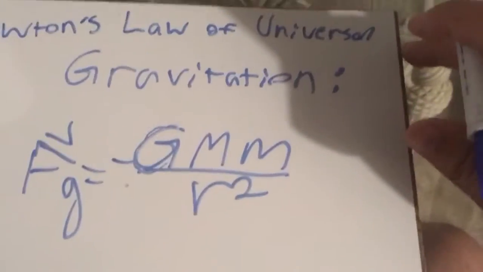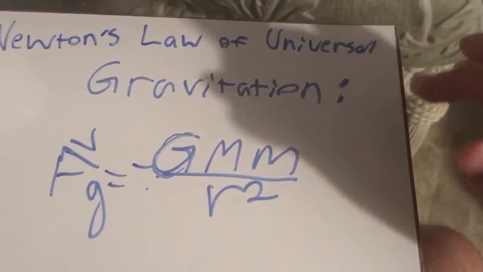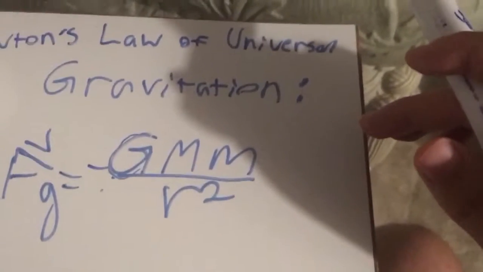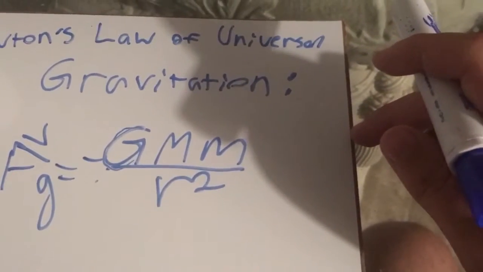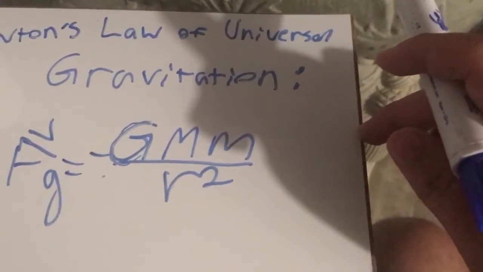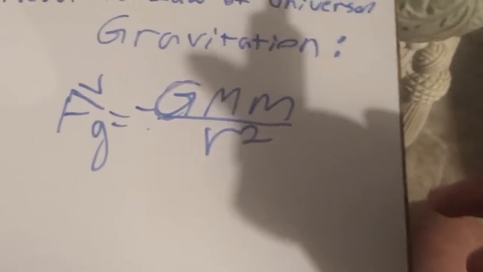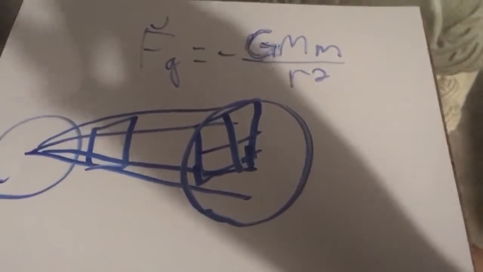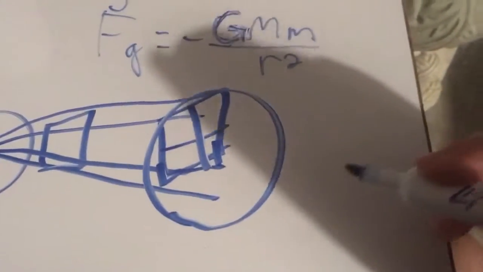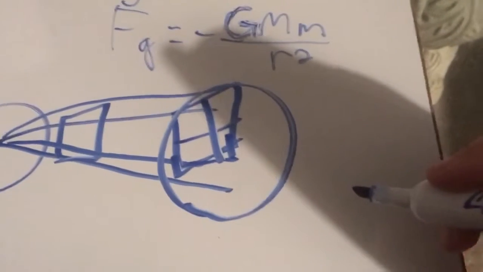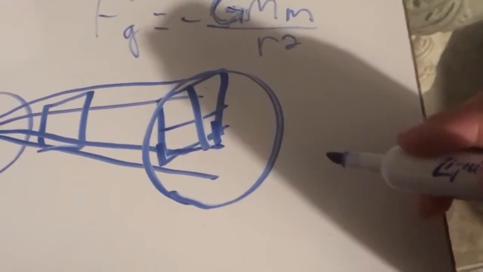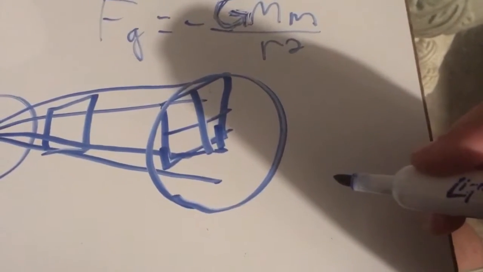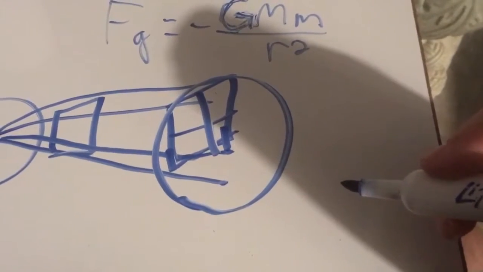This equation is negative because the force of gravity is downwards towards the surface of the planet, or towards the center of the planet. The radius is just the distance between the center of masses. As I've said, the force is calculating a force between two bodies, of one body on the other. It's only one force per equation.